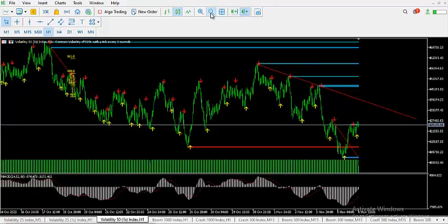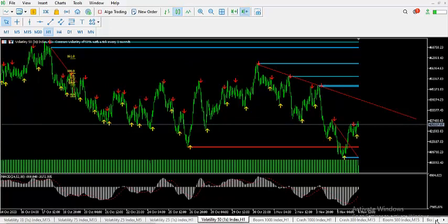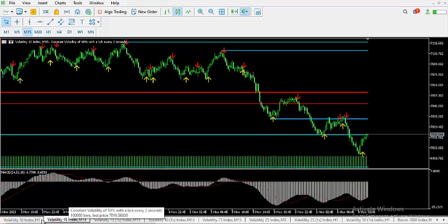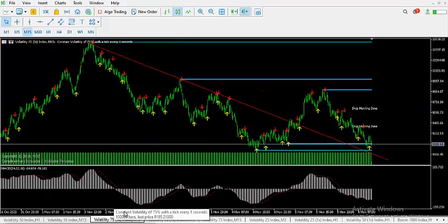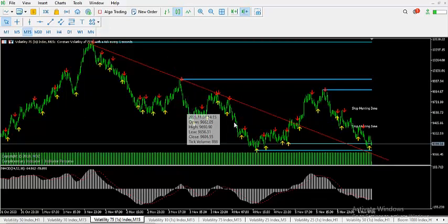So that is how the system works. It's a very powerful system. This system is a system that you can use in confirmation, even if you are an ICT trader or whatever your trading system or ideology is, this system can be used.